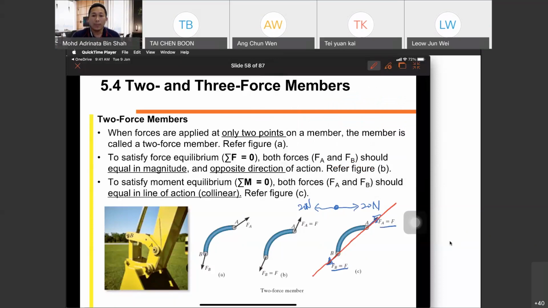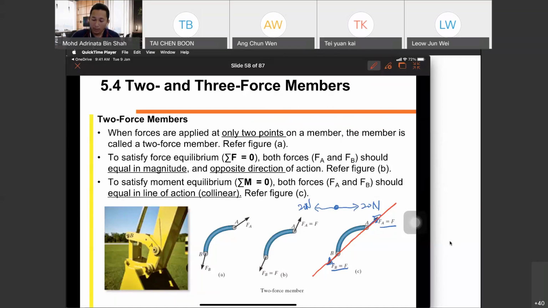To satisfy moment equilibrium, moment is equal to 0. Both forces FA and FB should be equal in line of action, so collinear. What happens if the line is not satisfied?